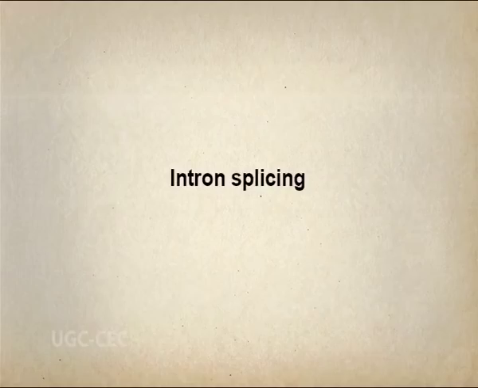This leads to cleavage of the RNA followed by polyadenylation by poly-A polymerase, which adds approximately 200 adenine residues to the 3' end of the RNA without the need of a template. In the next process, we'll discuss intron splicing.